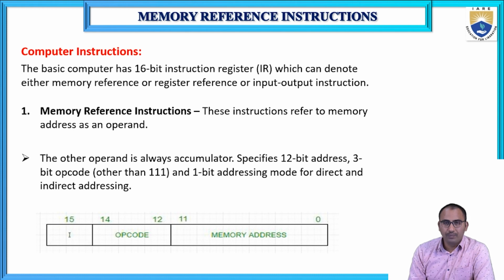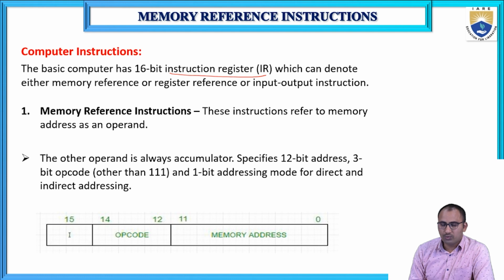The basic computer has a 16-bit instruction register. If you look into the architecture of the computer, inside it there is a 16-bit register called the instruction register.